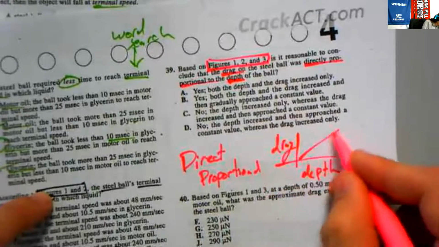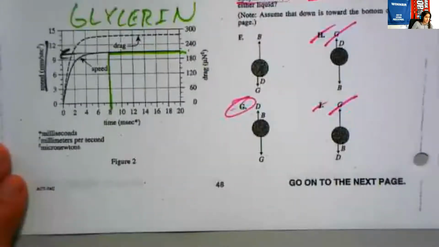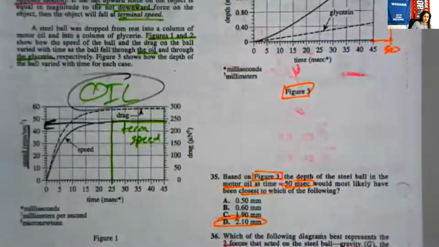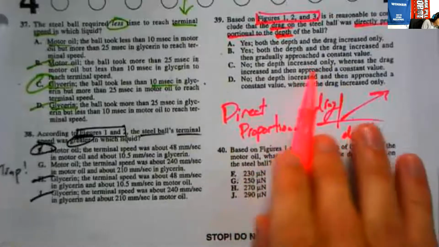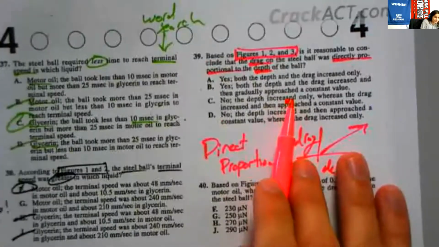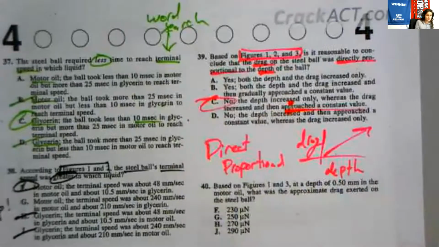That would look like that. Does it look like that? No, it does not, because it becomes constant at some point. No, the depth increased only, whereas the drag increased and then approached a constant value.